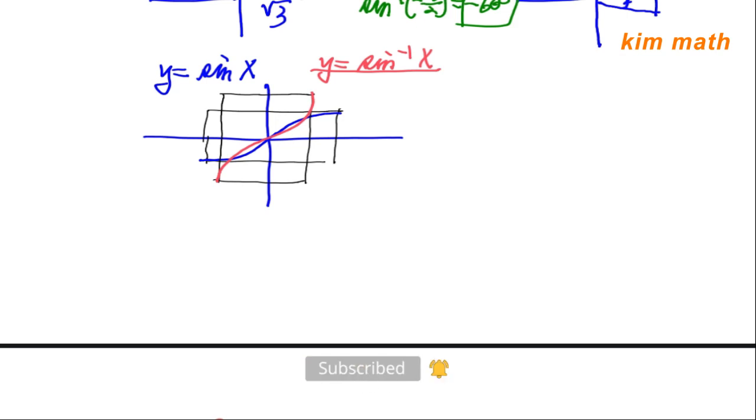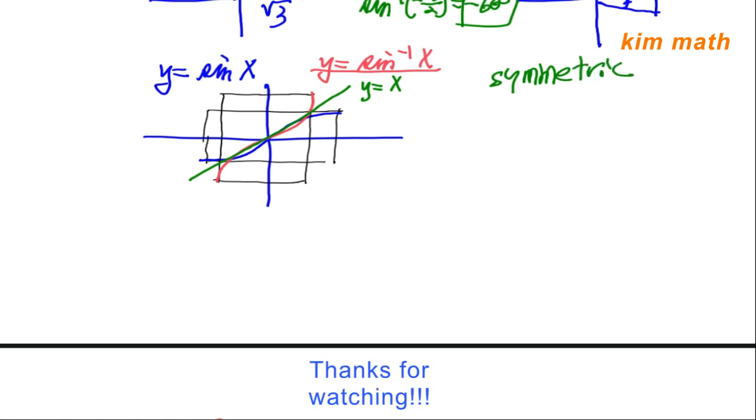Okay, can you see that? And one more thing, if these two functions are inverses of each other, they must always be symmetric over the line y equals x. Okay?